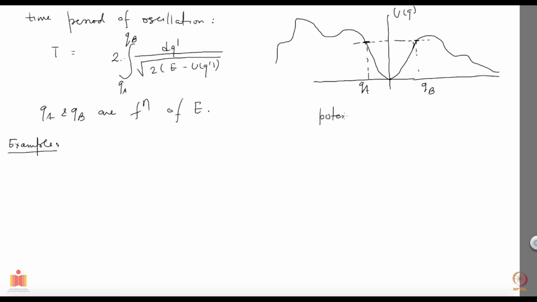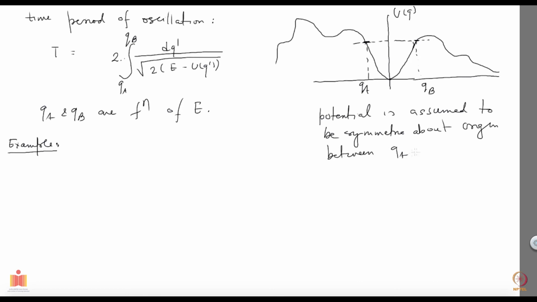Potential is assumed to be symmetric about origin between QA and QB. Okay, that's the assumption.